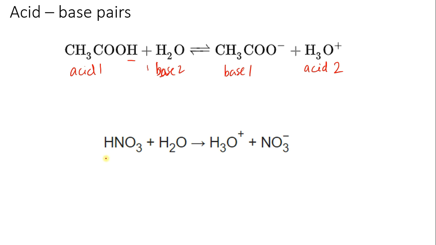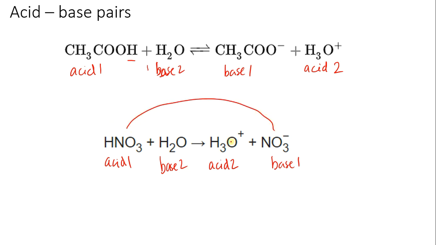So that is acid 1, and this is its conjugate base. I'm going to label that as base 1. Now that has to be acid 2, and that is base 2, right? So that way of numbering, again, we do this to identify the conjugate acid base pairs, right? So keep that in mind.